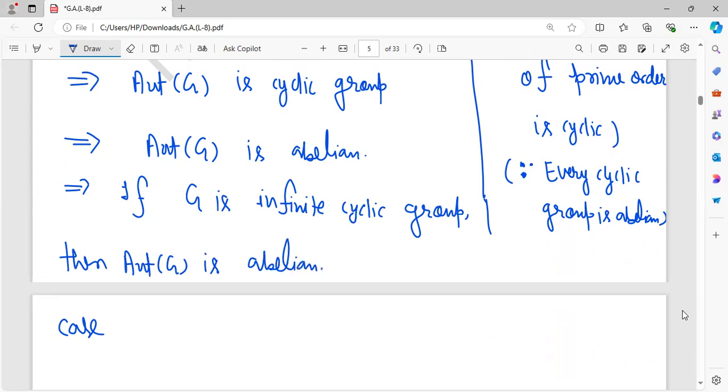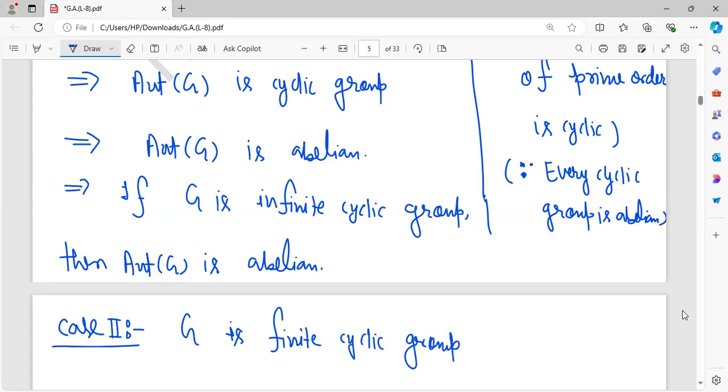Now the second case: G is a finite cyclic group. G is a finite cyclic group.